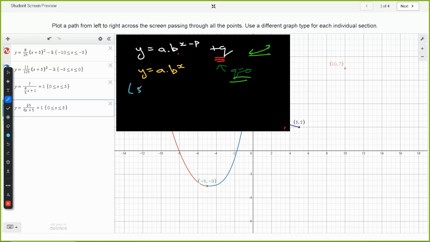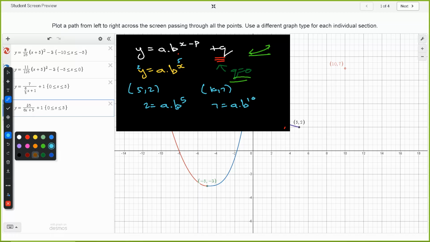The first point is 5 and 2, so I'll make x 5 and y 2, I get 2 equals a times b to the 5. Okay, and the second point is 10, 7, and I do the same thing. We get 7 equals a times b to the 10. Now, for both of these, I can solve it.